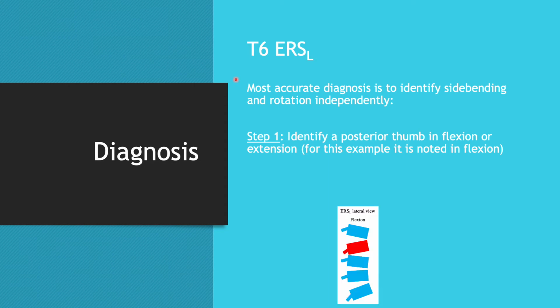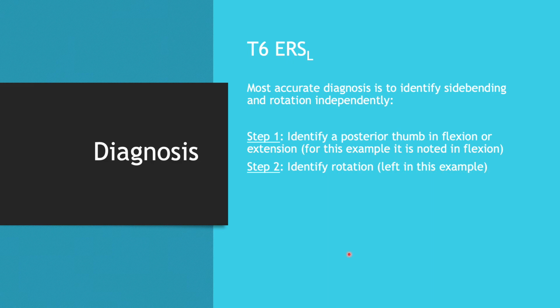So again, when they are in flexion, in this example for T6 ERS left, that is when you're going to notice this vertebra is in extension, right? Because you're going to notice that one of the facets is posterior. Step 2, identify rotation. You are going to feel the facets and or the transverse process on the left posteriorly, okay? So far, this is just like what we learn in school.